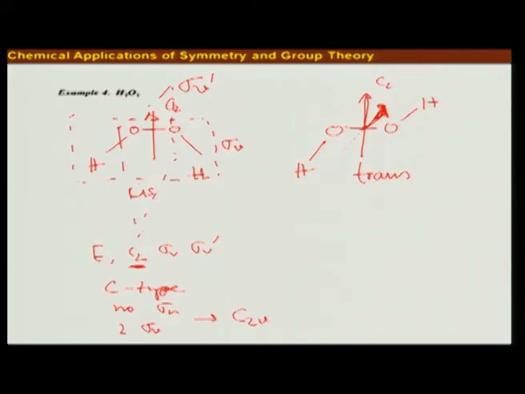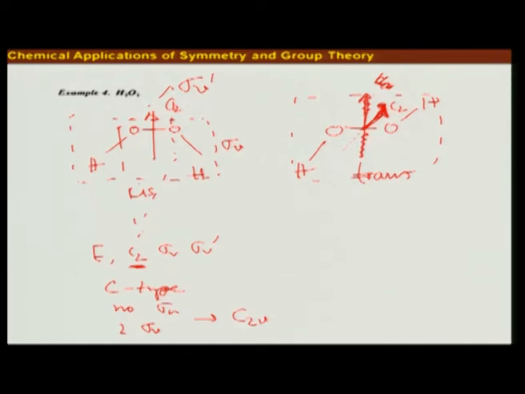This is one C2, and then I have a plane containing all these atoms, right? There is one mistake. This particular axis is not a C2. Sorry, no C2 is here.